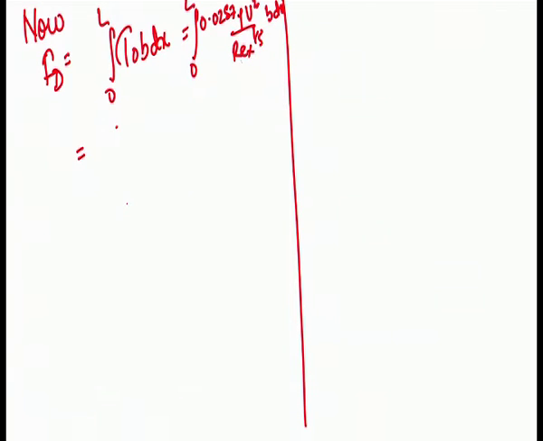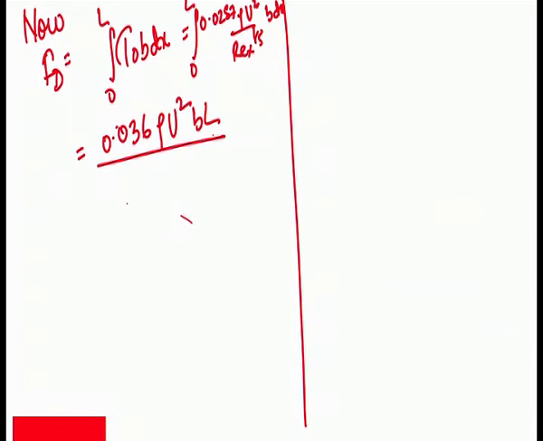Now, Re should be written in terms of U, x, and the usual numbers, and F_D on simplification will come out to be 0.036 rho capital U squared bL divided by Re_L to the power 1 by 5.